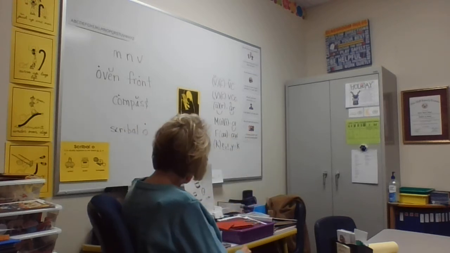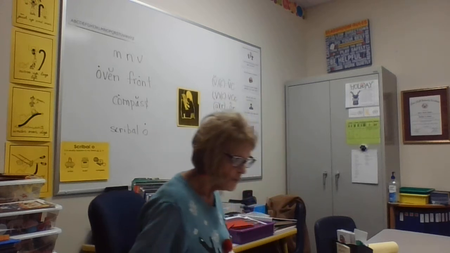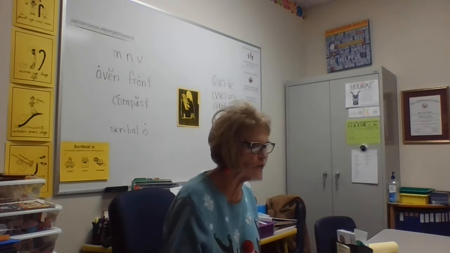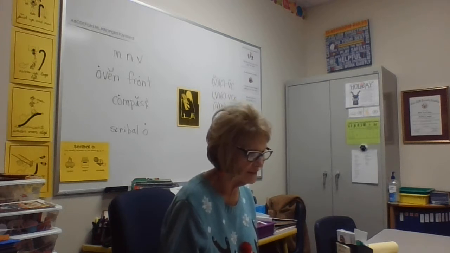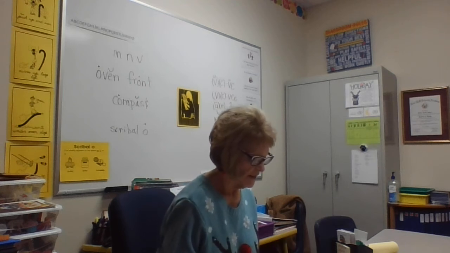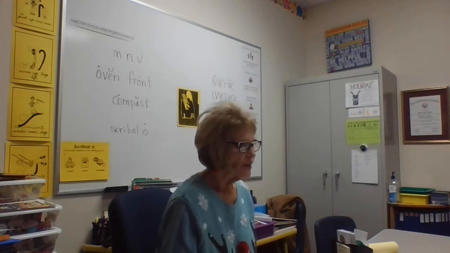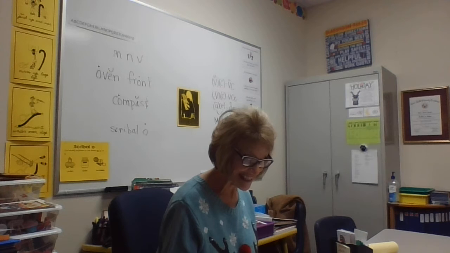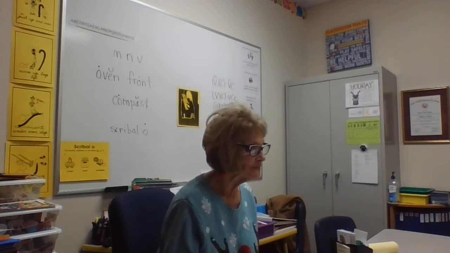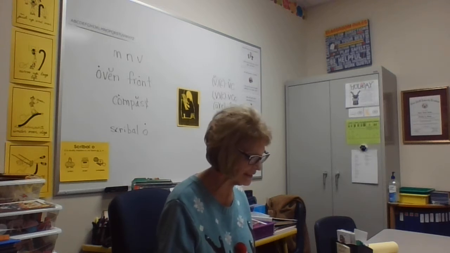So I'm going to set this right over here. Okay? All right. So our first one is U. What are you going to do to show me U with your color tiles? Perfect. Okay. And then you're going to show me K. Okay, we're going to go through this pretty quickly.